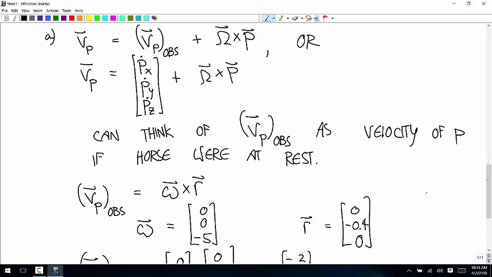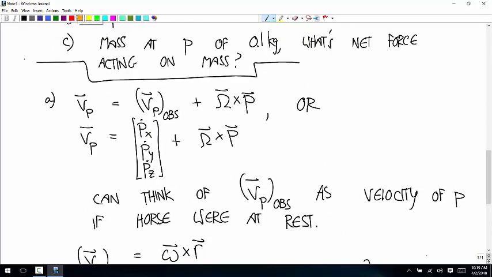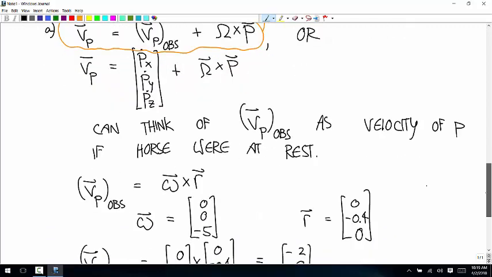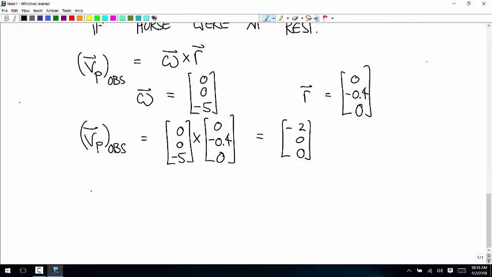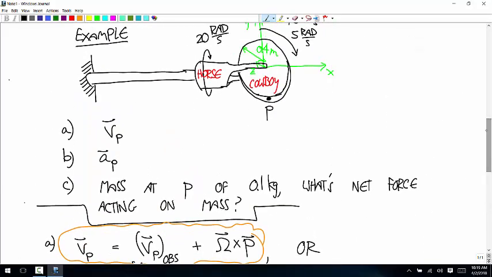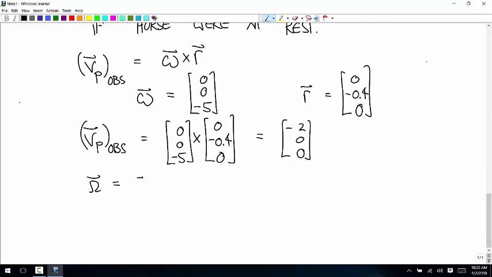So now we have this first term. Now we have to come up with the angular velocity of our coordinate system and the position vector. So what's the angular velocity of the coordinate system? Yeah, that's negative 20 in the x direction, 0, 0. And then what's the position vector?